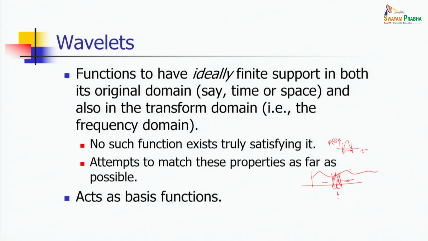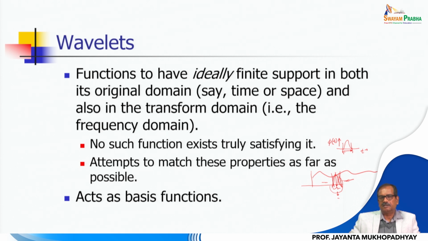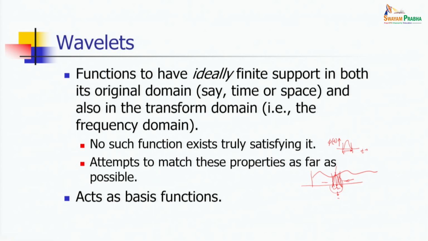When I am trying to reconstruct the function, the linear combination of those translated basis functions should give me some approximation of my original function. It depends, of course, upon the property of these basis functions, because what we are computing is the inner product at every point, and then accumulating them. If I take the linear combinations, it is not going to give me exactly the same function back.